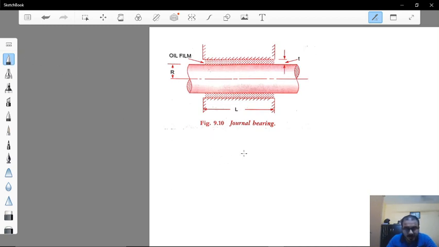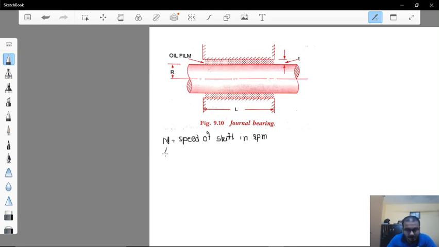So here N is equal to speed of shaft in RPM.